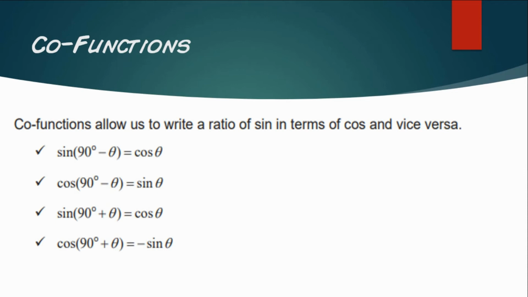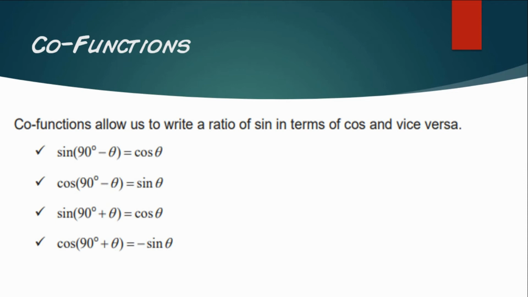So when you get something like sine(90 minus theta), just know it changes the trig ratio. Sine(90 minus theta) is equal to cos theta. Cos(90 degrees minus theta) is equal to sine theta.